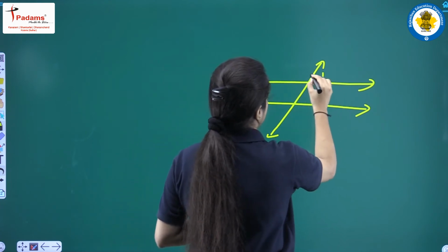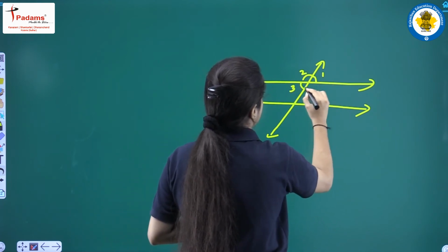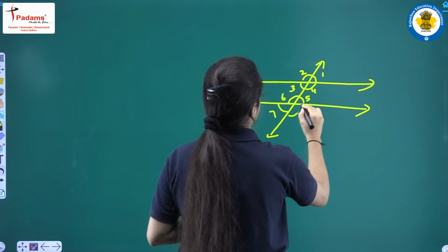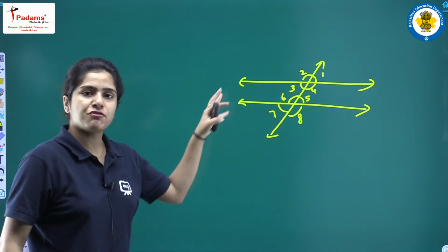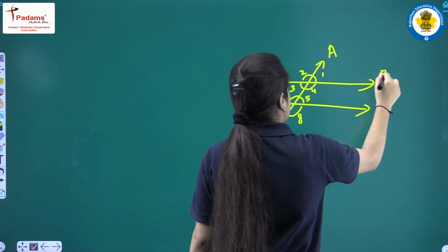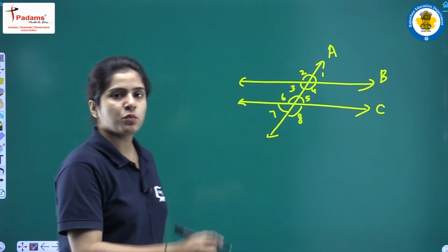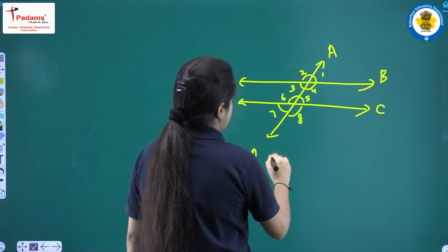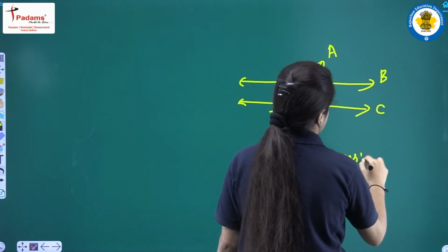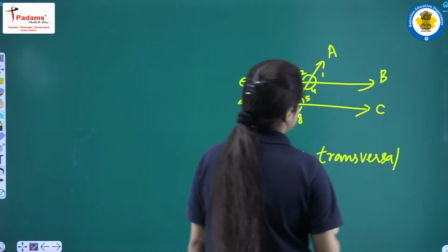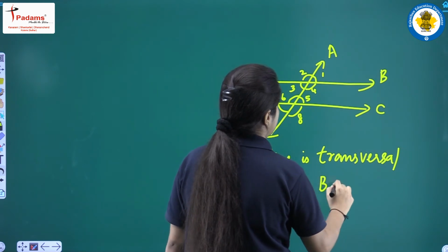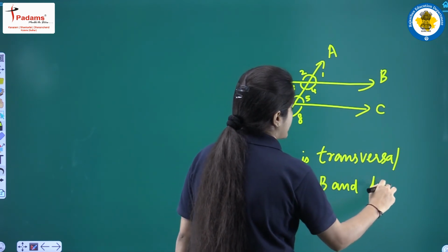If these are angles 1, 2, 3, 4, 5, 6, 7 and 8, this is line A, this is line B and this is line C, okay. Then line A is a transversal to line B and line C, okay students.